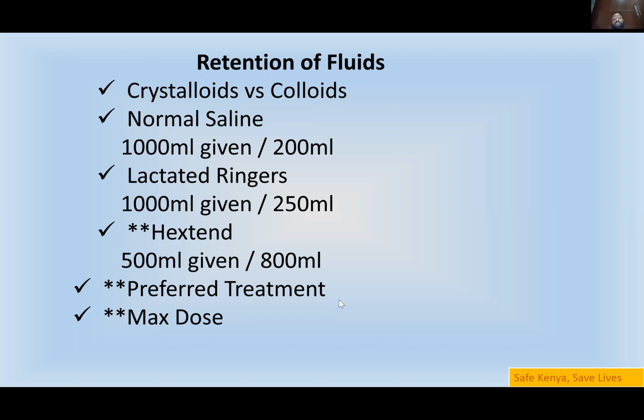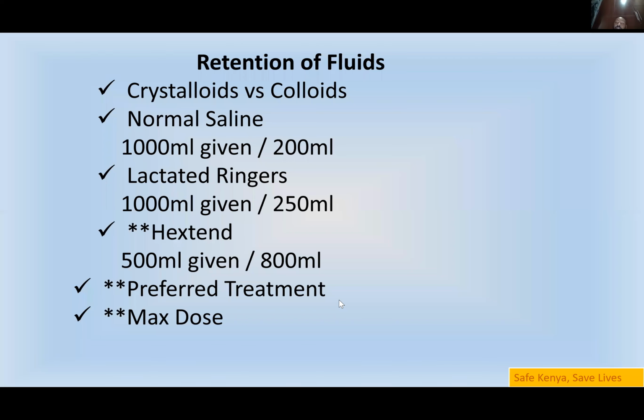Hextend is a medication that expands blood volume. It used to be that we could only give 1,000 milliliters of Hextend, and we use Hextend for traumatic injury. So if the patient is suffering massive blood loss from, let's say, an amputation to one of the extremities, and they don't have a pulse at the radial but they have one at the carotid, then we want to give them Hextend to expand the blood volume and get that pulse back.